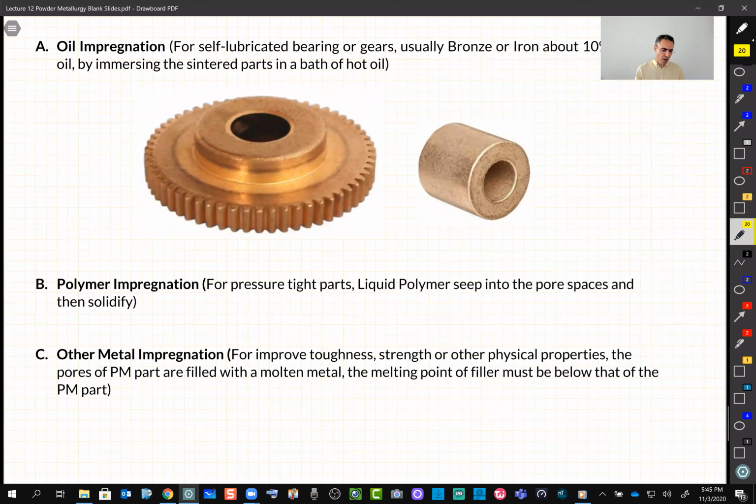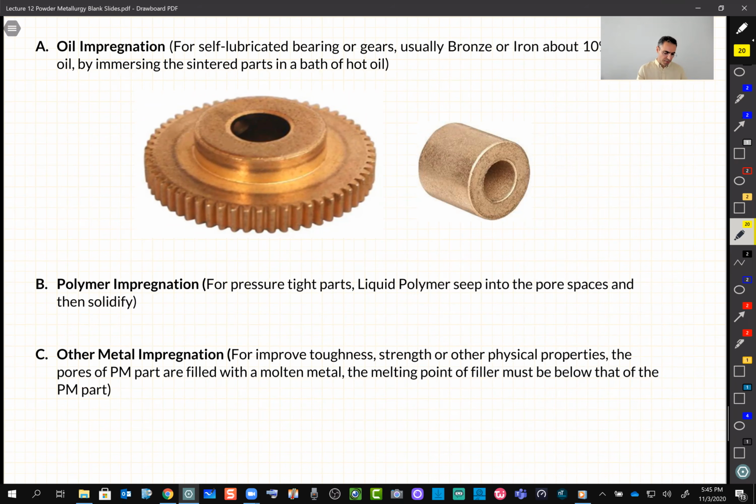So oil impregnation, again, is very common for self-lubricated gears. There are some applications, like in robots, where access to the gear to lubricate it is either difficult or it's not recommended to add oil to it. So people use self-lubricated gears, and bearings as well.